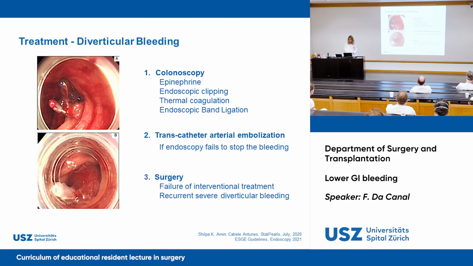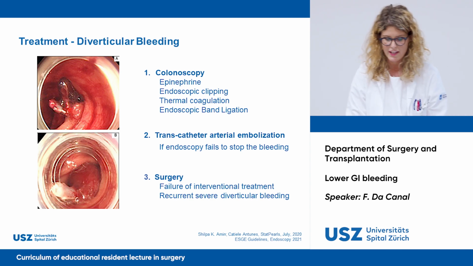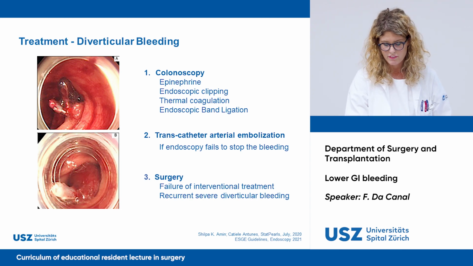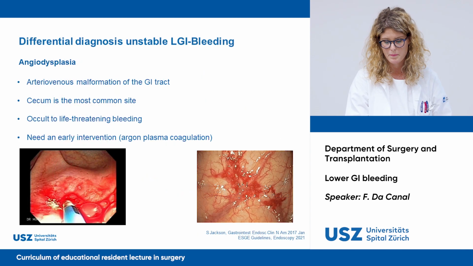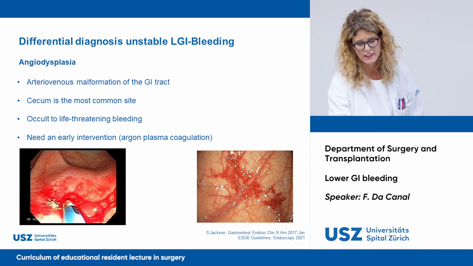And surgery is indicated just for patients with ongoing bleeding after failure of the other interventions, or for patients with recurrent severe diverticular bleeding. The angiodysplasia is the second most common cause of severe lower GI bleeding.